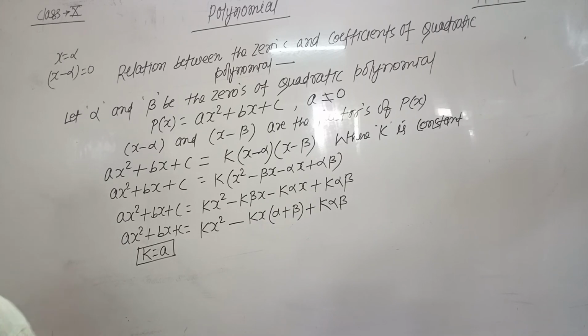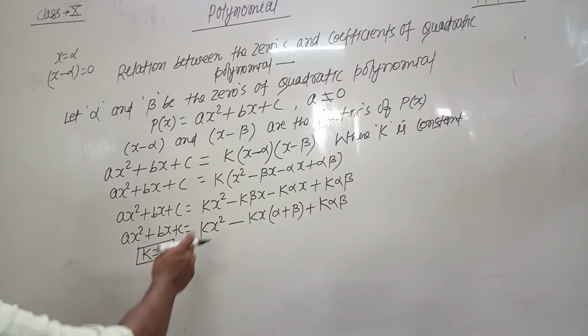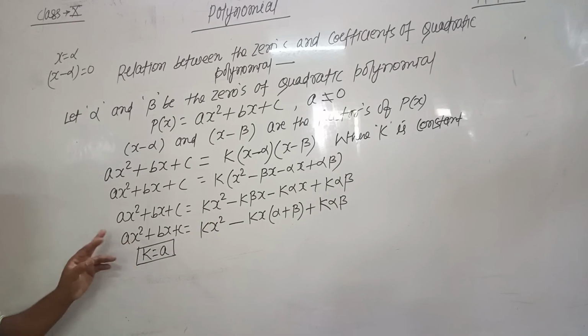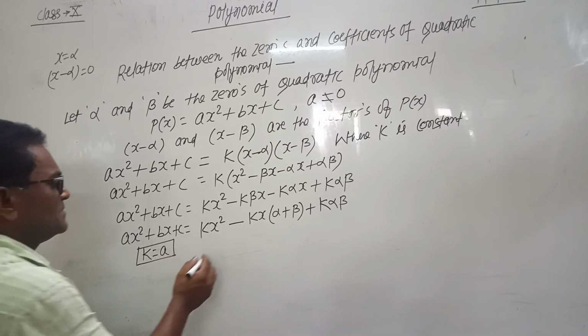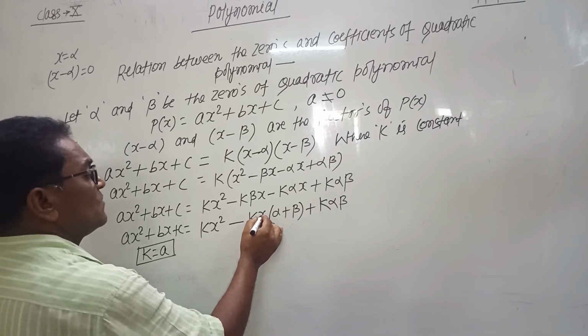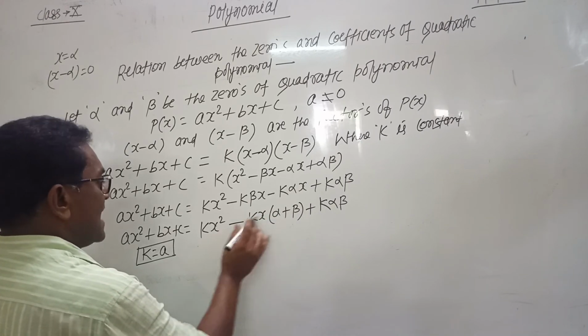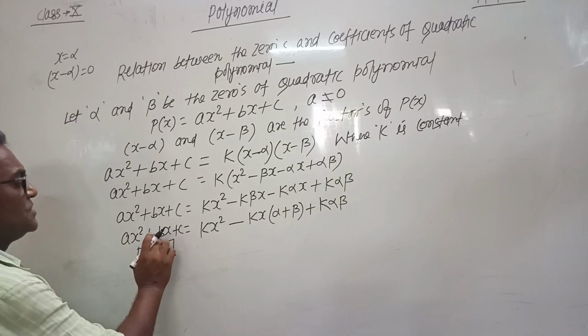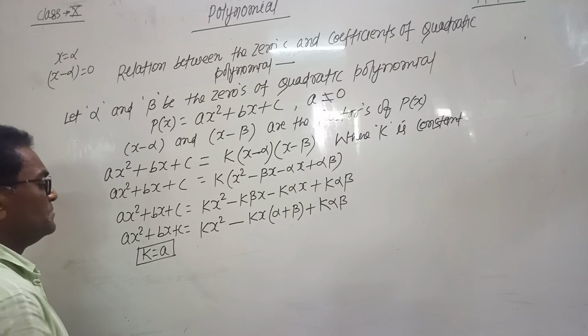When we equate the coefficient of x² on both sides, the coefficient on the RHS is k and on the LHS is a. So k becomes equal to a. Here the coefficient of x is minus k(alpha plus beta), and here the coefficient of x is b.